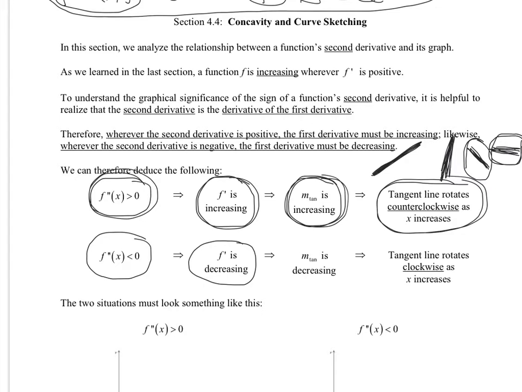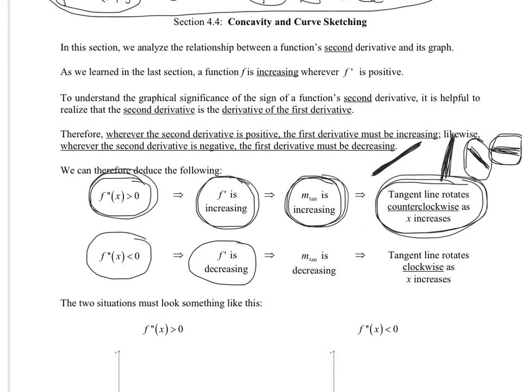If you look at this very leftmost statement and this very rightmost statement, that's basically the punchline. If the second derivative of a function is positive, that means that as you move from left to right along the graph, the tangent line rotates counterclockwise.